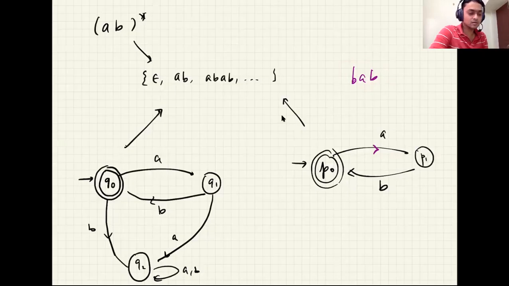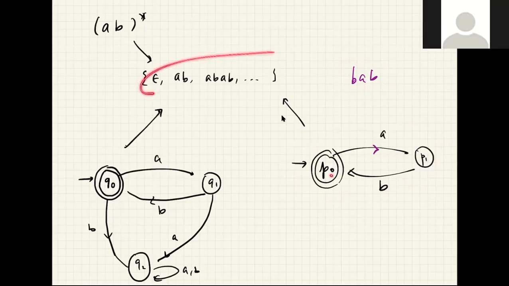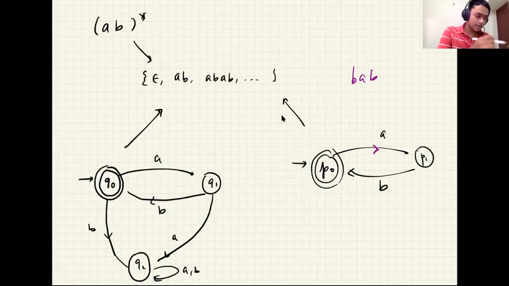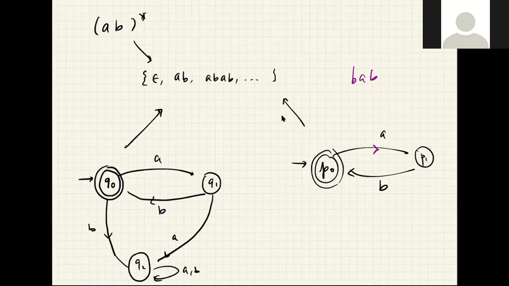This is the definition of it. Intuitively, this automaton should read the entire word and end in an accept state. If it's getting stuck, you have to reject it. It's not part of its language.